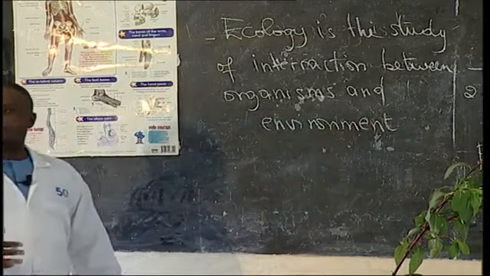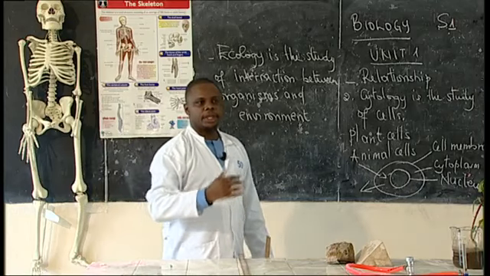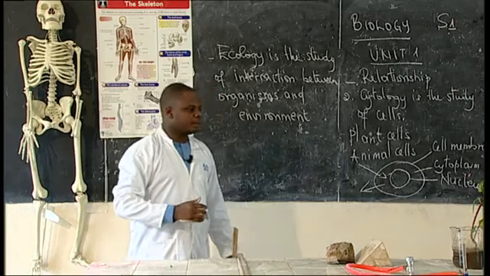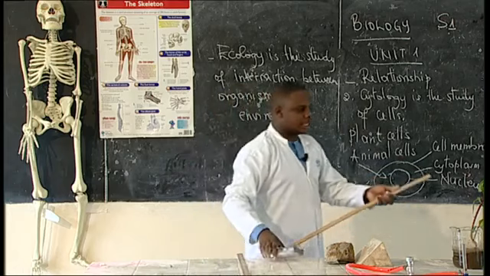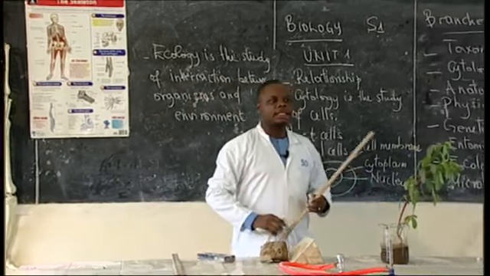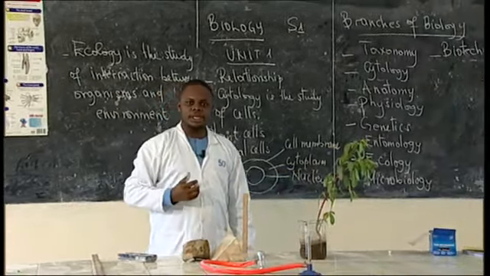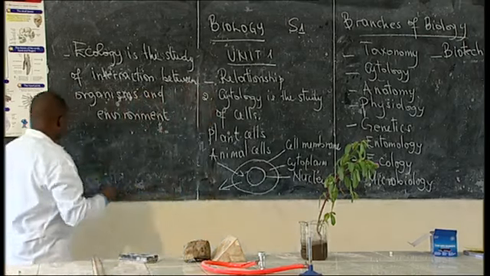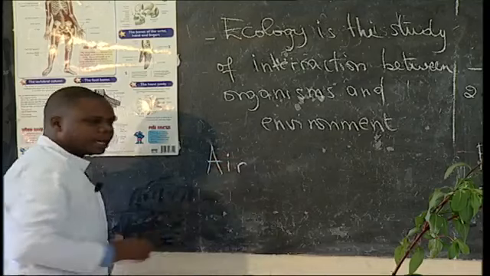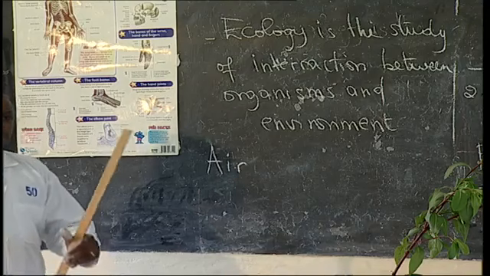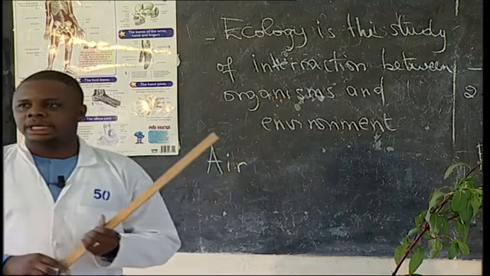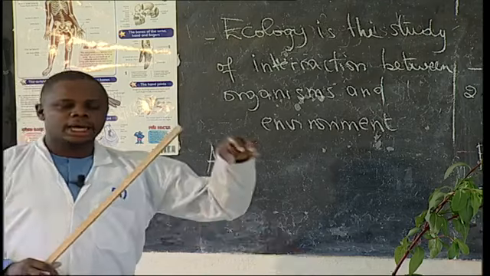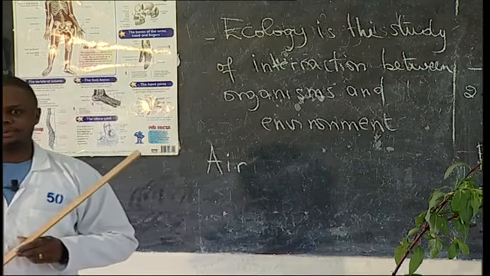How do organisms interact with environment? Take an example. When this plant is in the environment, it needs carbon dioxide, and that carbon dioxide is in the air. When this plant is in the environment, it needs water and minerals from the soil.